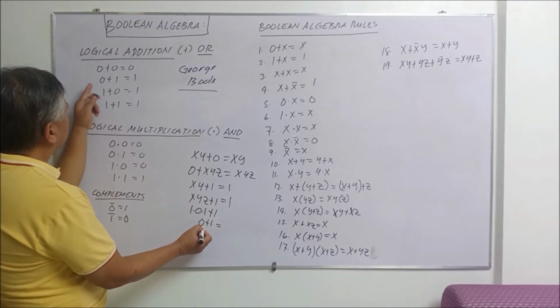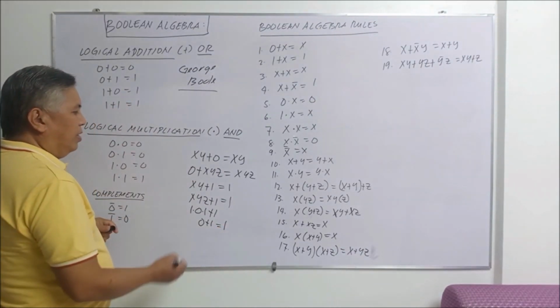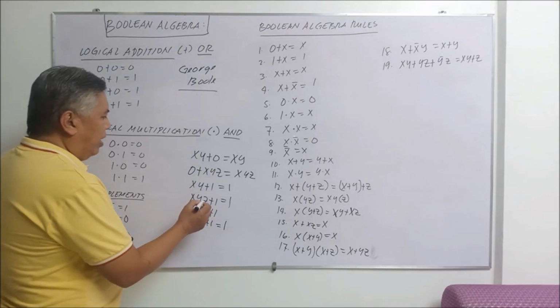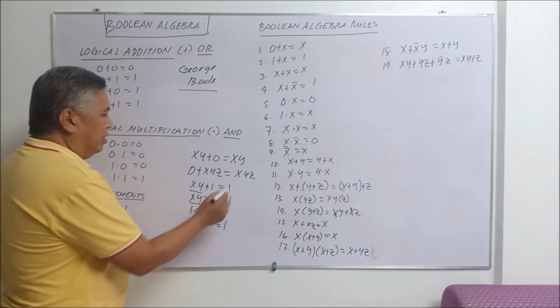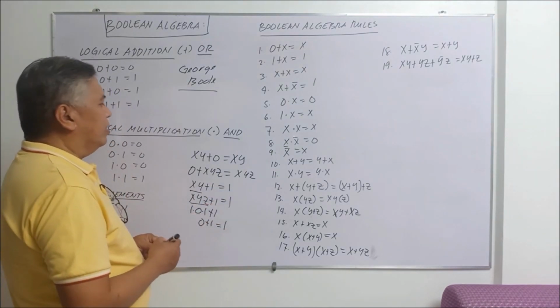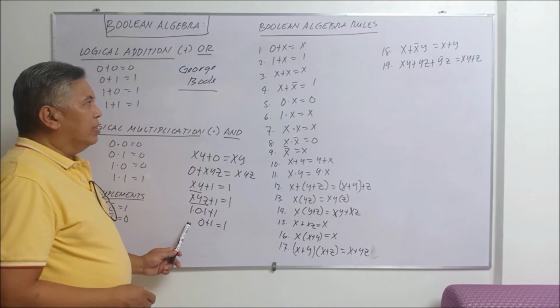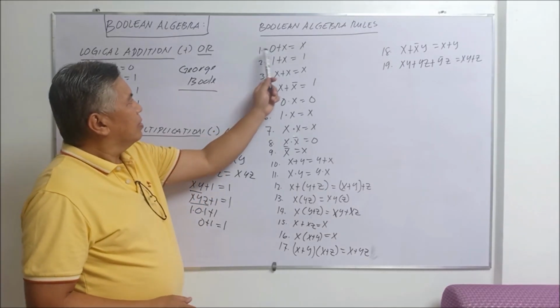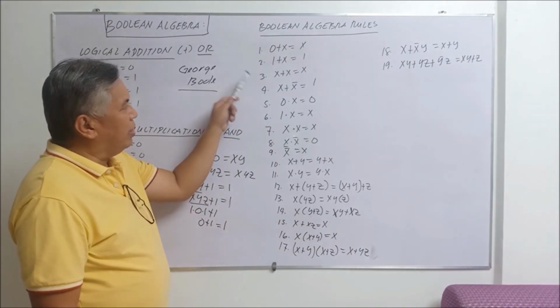So 0 or 1 is equal to 1. This means that any variable or variables added to 1, the answer is 1. We can also use this method in rule number 1, and in rule number 3.